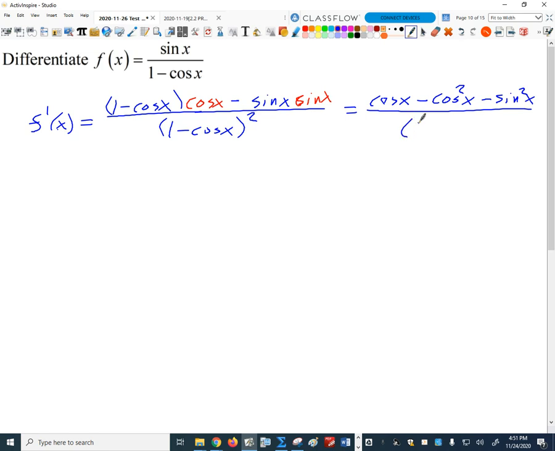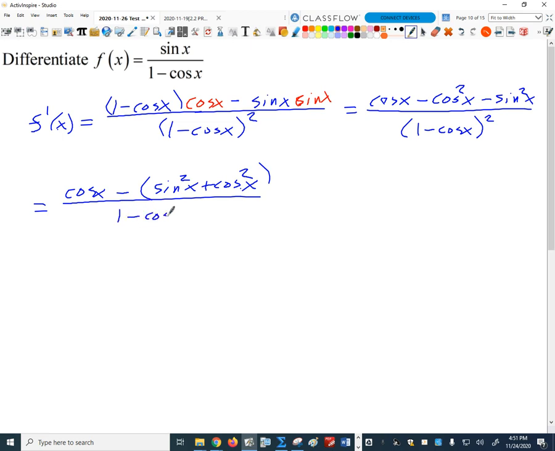For some reason, that seems to be a little bit of an issue, and it is at first, but you're going to rapidly get a lot better at that. So we could rewrite this as cosine x minus the quantity sine squared x plus cosine squared x, which is 1, divided by 1 minus cosine x quantity squared.